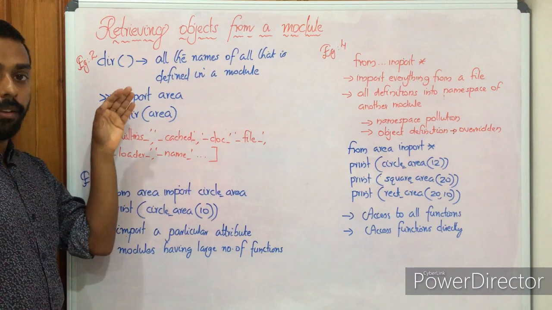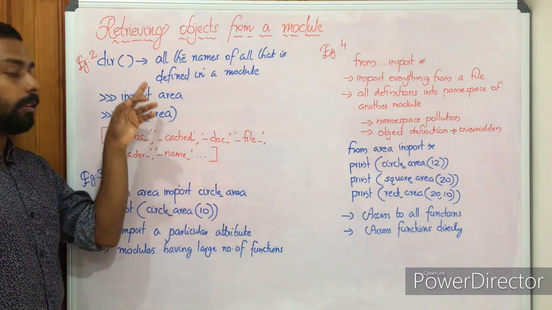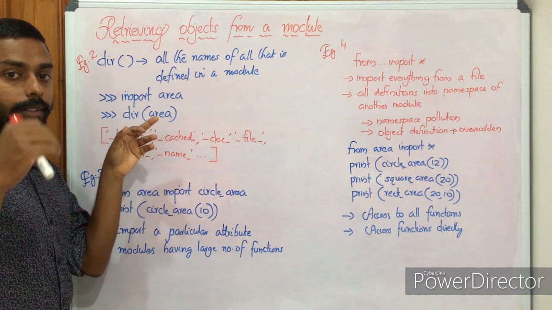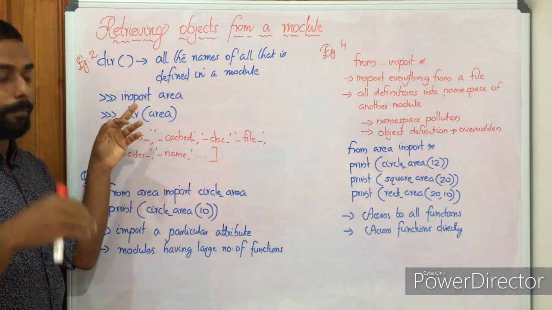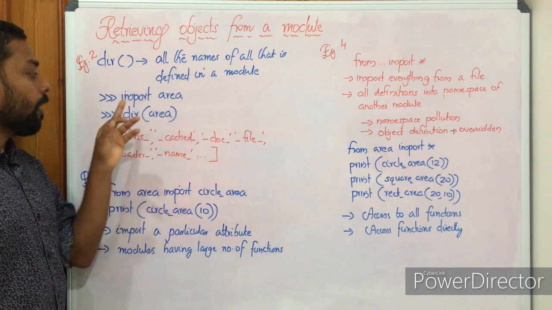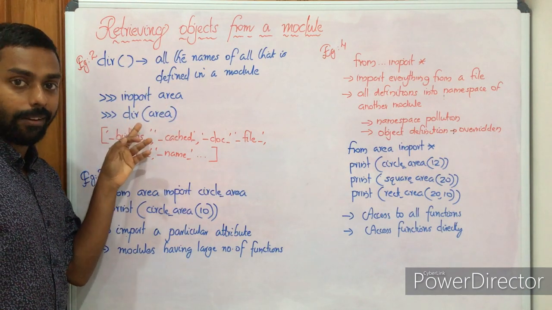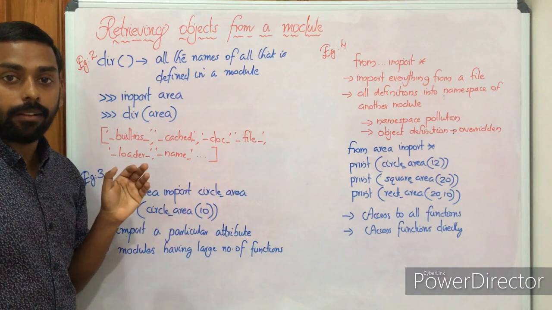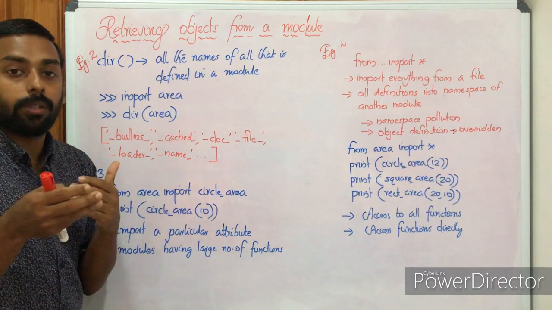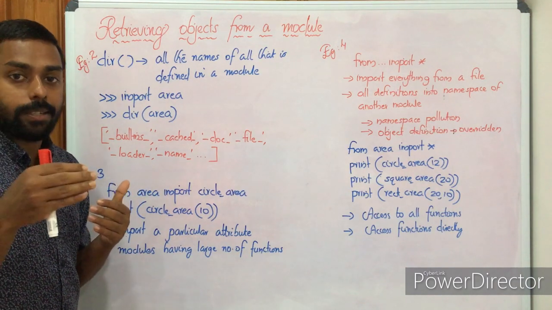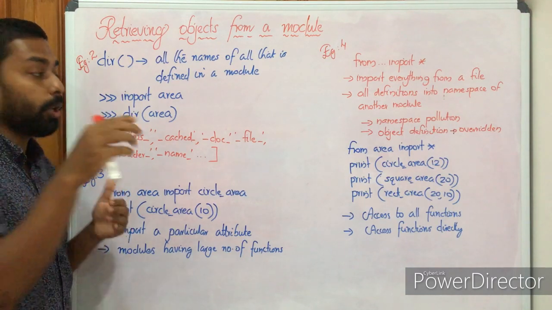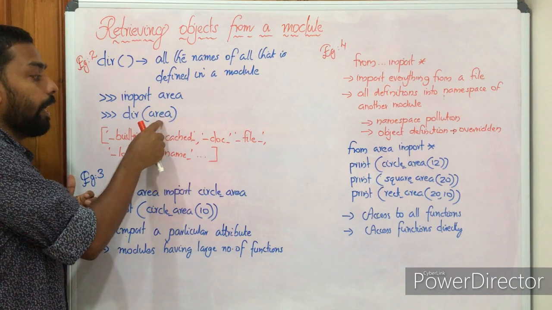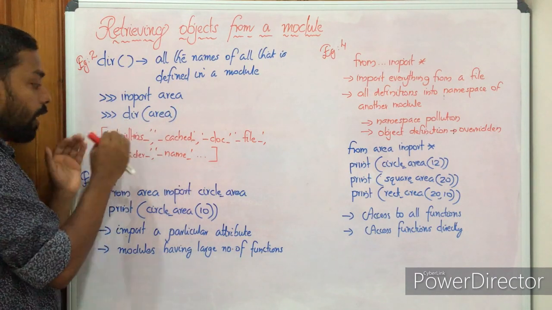How do we apply it? First we import area. We have already created a module named area, and we import it into the program. So import area, and after that we apply the function dir, passing area. We list out the names which are defined in the module area just by passing area to dir, and this will be the result.